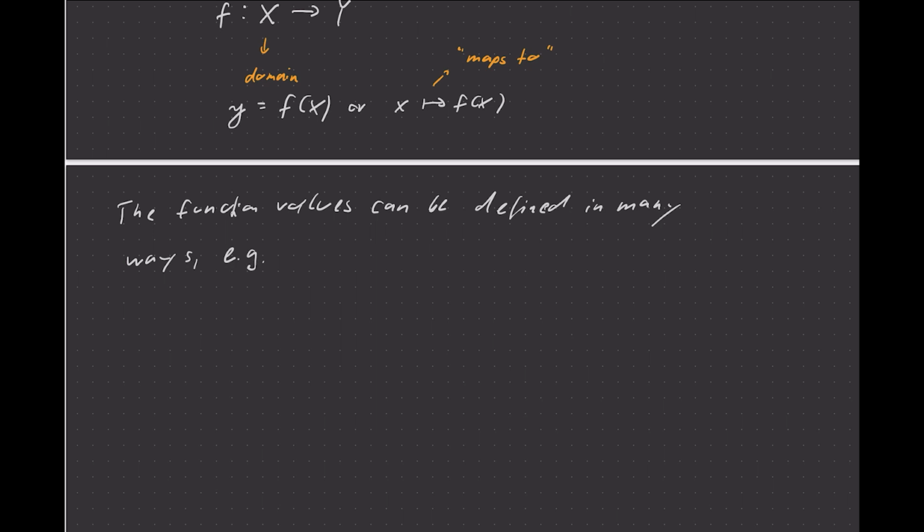For example, and this list is not exhaustive, so we could just enumerate them. Through enumeration, and you will usually do this for very small domains. So what I mean by that is explicitly writing down f of x for each possible input value.